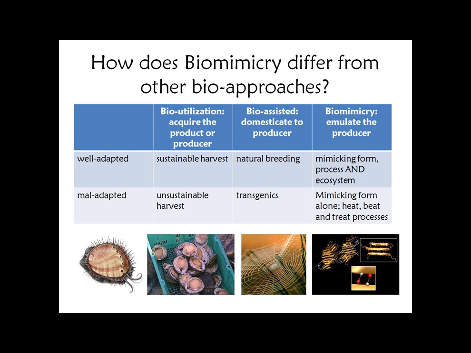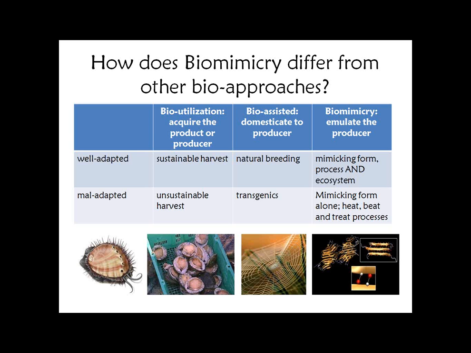In the maladapted versions, bioutilization would be over-harvesting of wild abalone. In bioassisted, a maladapted strategy would be using genetic engineering of abalone to create a better abalone. And in maladapted biomimicry, it's how we produce ceramics using heat, beat, and treat.